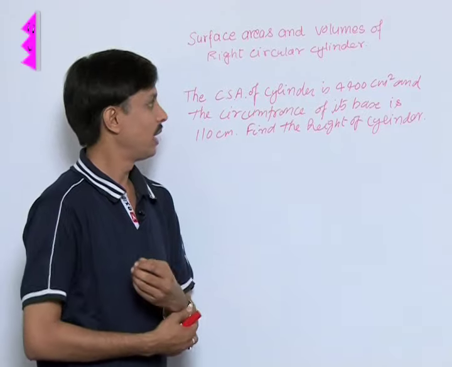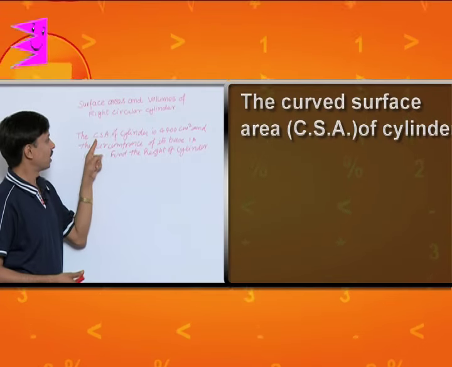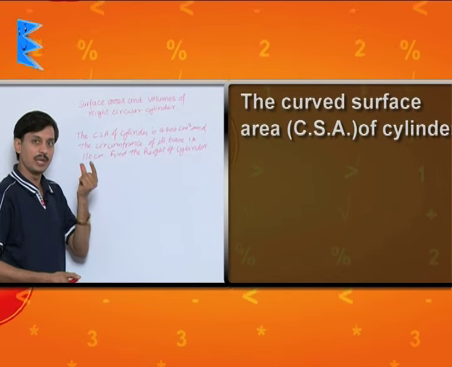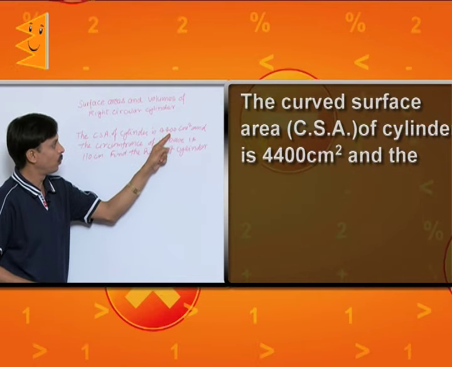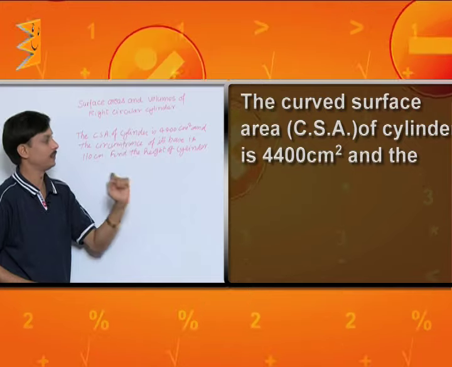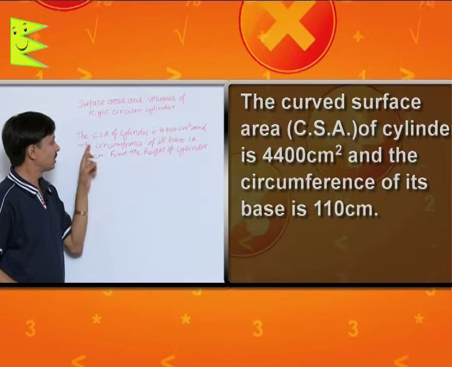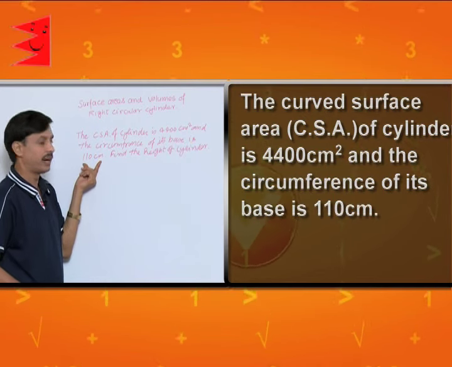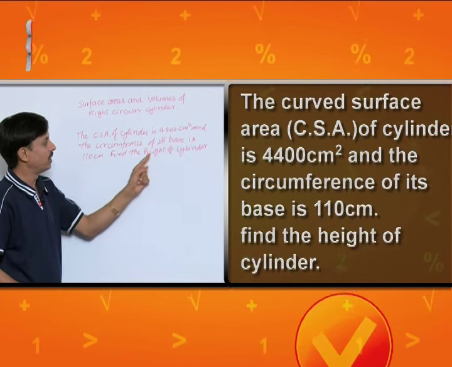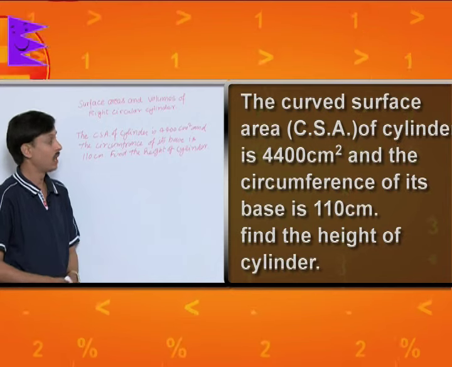Now the next example. The curved surface area, CSA, of a cylinder is 4400 centimeter square and the circumference of its base is 110 centimeter. Find the height of cylinder.